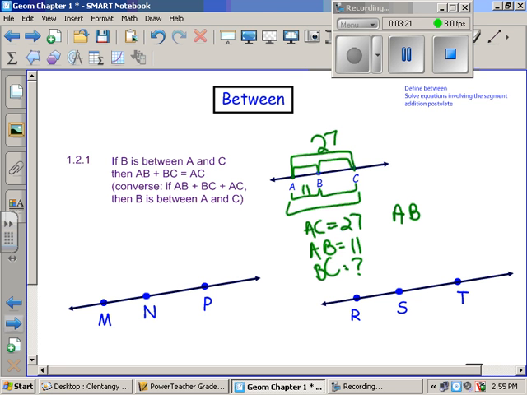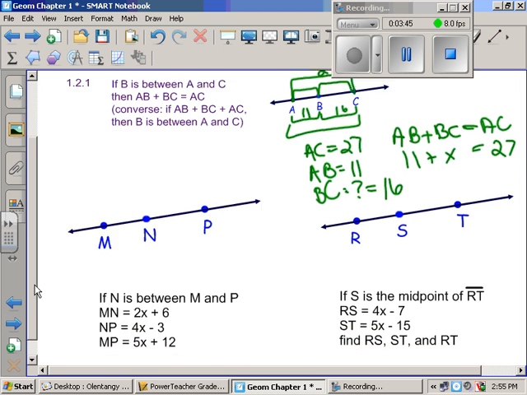AB plus BC equals AC. We know AB is 11. We know AC is 27. We don't know BC, so we would solve by subtracting 11. So we would subtract 11 and we get 16. BC is 16.